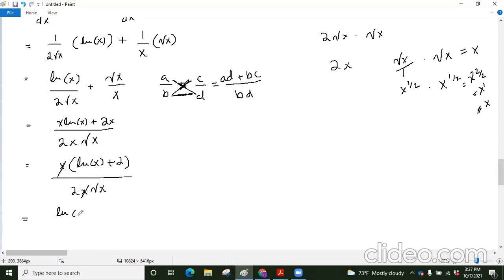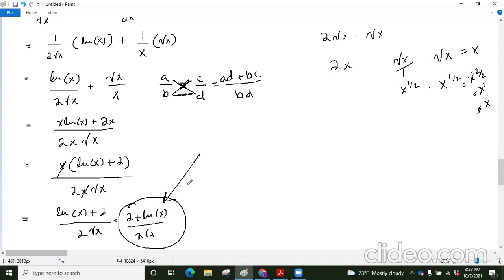You could say that this is ln of x plus 2 over 2, and then, of course, we had that square root of x. So you could say that this is just 2 plus ln of x over 2 square root of x. This here is your first derivative. So this is y prime.